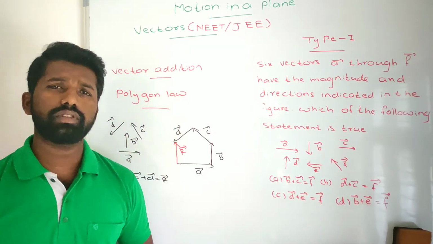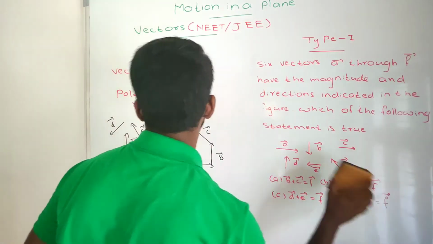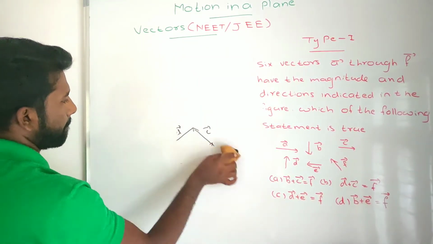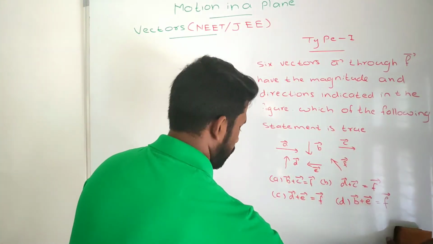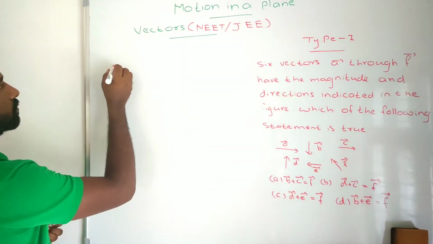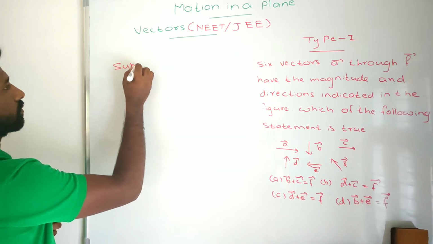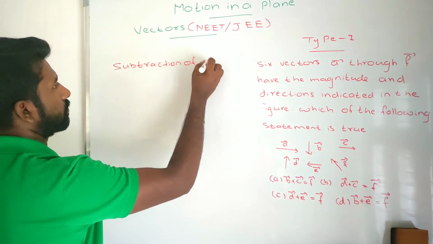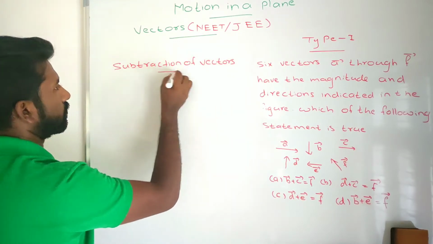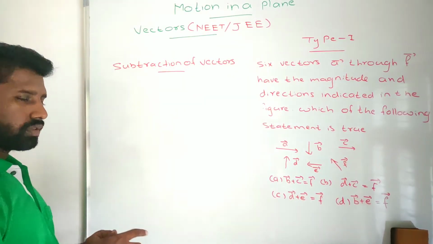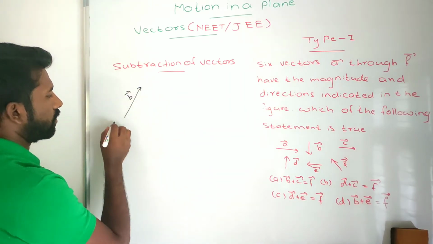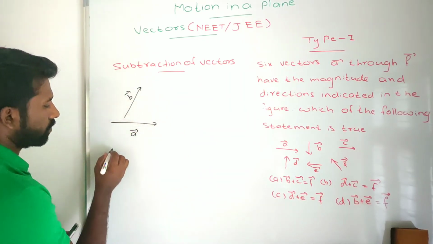Now we will see subtraction of vectors. Two vectors: this is the B vector and this is the A vector.